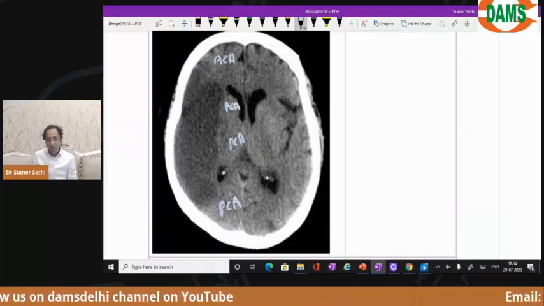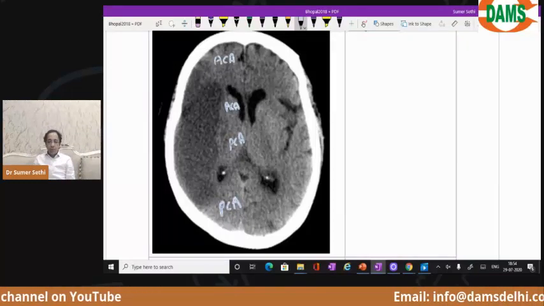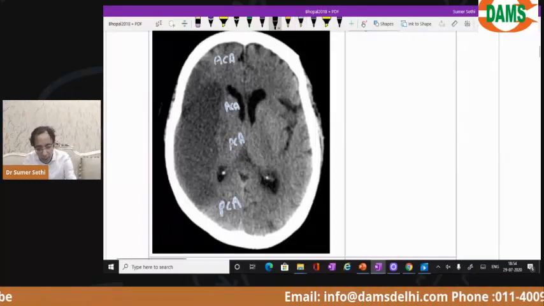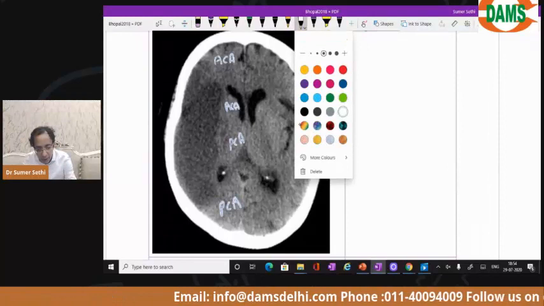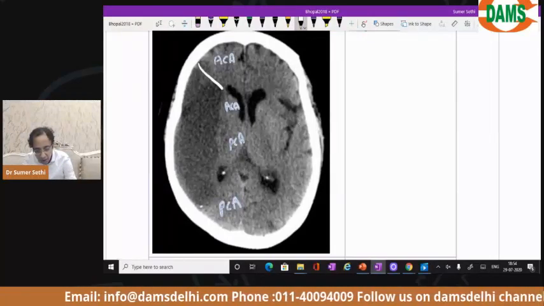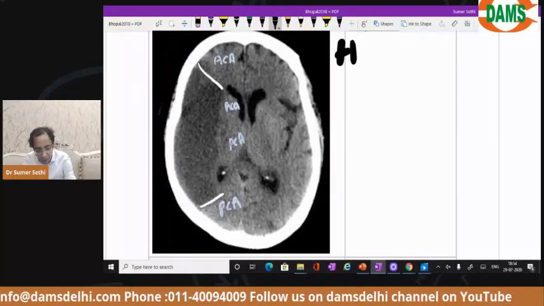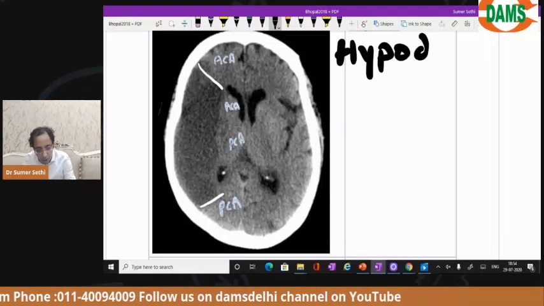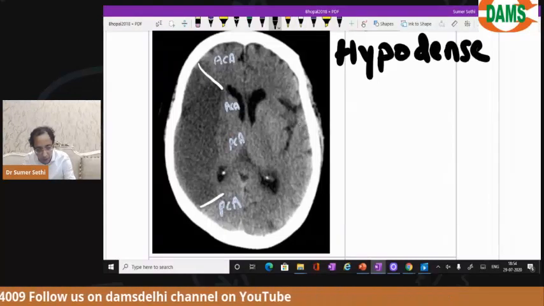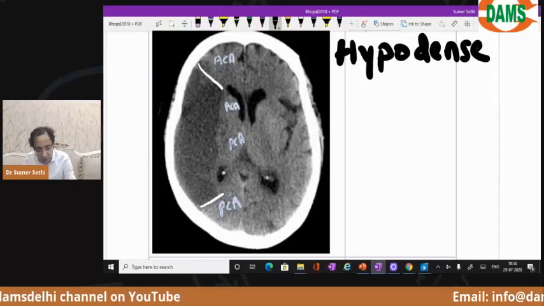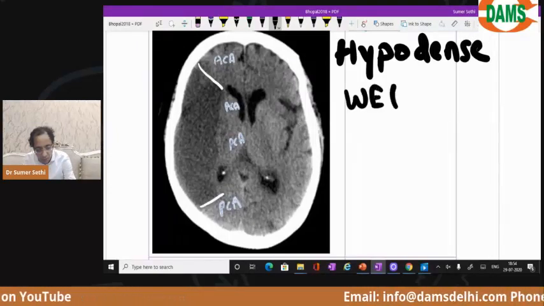Any one of you can look at it and tell me, do you see a dark area here, a dark disease? It is not white, it is dark. So when it is dark, I will say there is a hypodense lesion in the brain. Okay, what is the shape of this disease? This disease is shaped like a wedge.